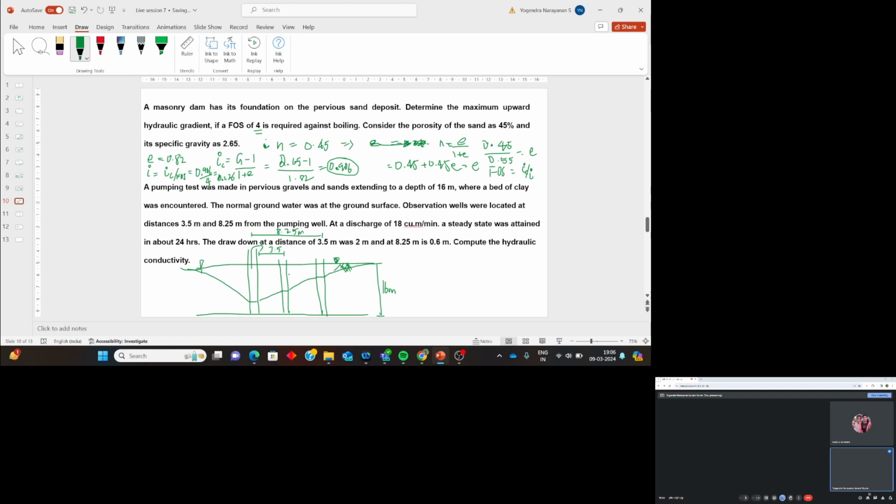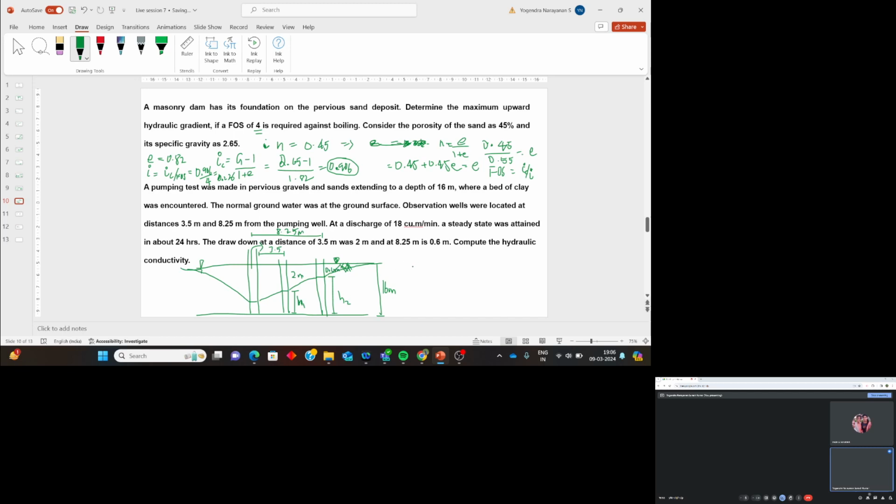This is drawdown, which is H1. Not this, this is H1. Sorry, H1, H2. We know this part. This is 2 meters and this is 0.6 meters.